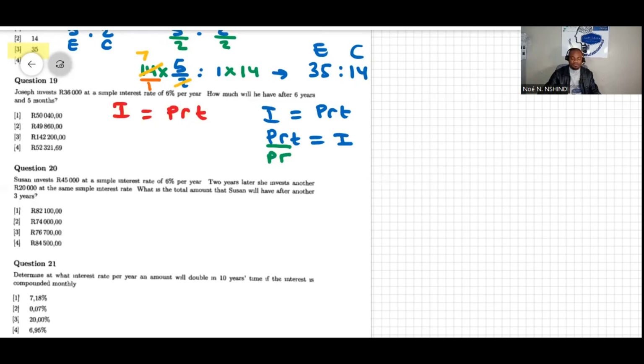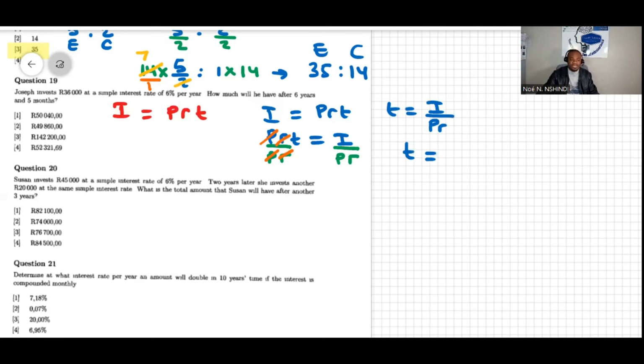I'll divide it also by PR. Why? Because I can simplify P, I can also simplify R, and then I'm left with T equal to I over PR. Then we can substitute.